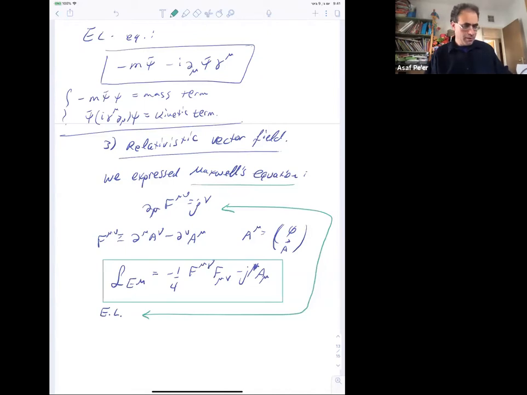Okay. The last thing which we discussed is a massive vector field.